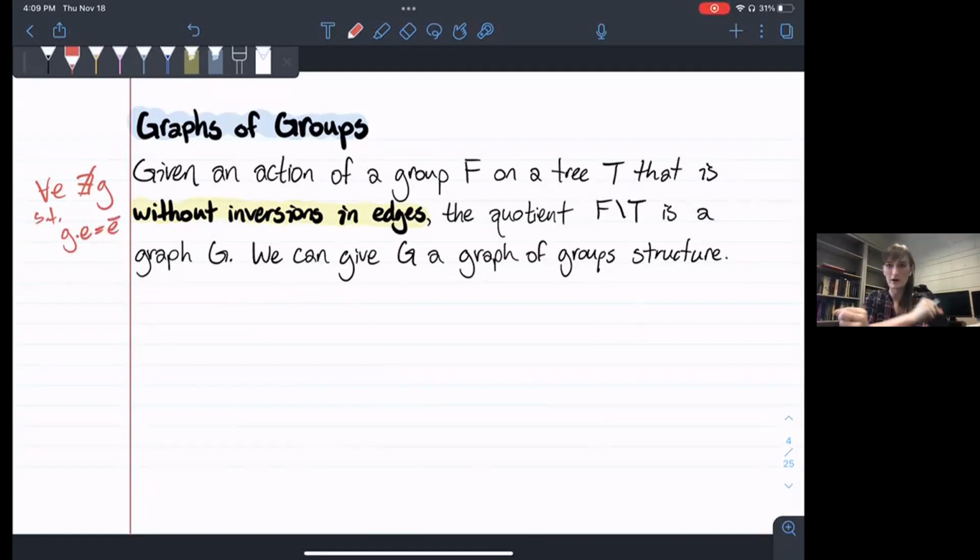So it doesn't flip the edge. That's not allowed. So given a group action of a group F on a tree T without inversions on edges, there's what's called a quotient graph of groups. So a graph of groups structure on the quotient.